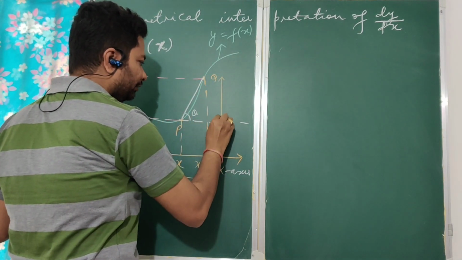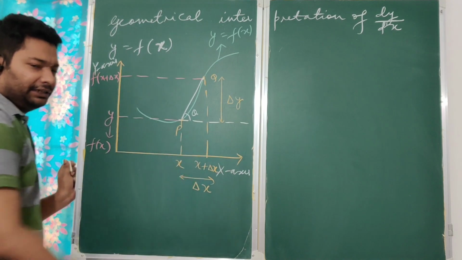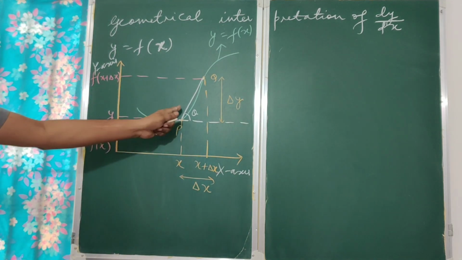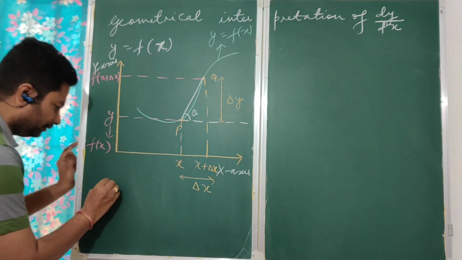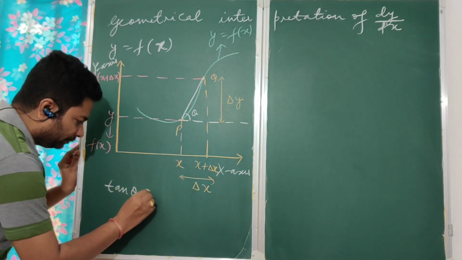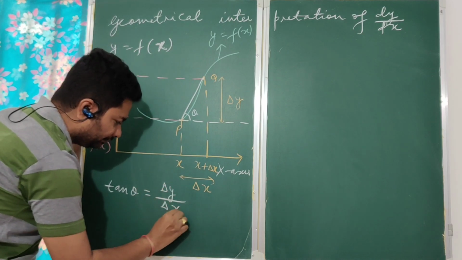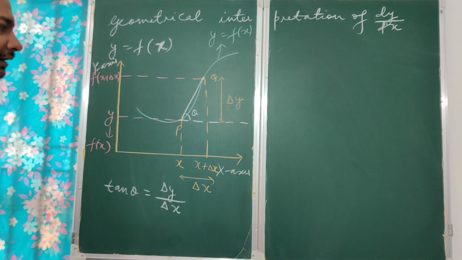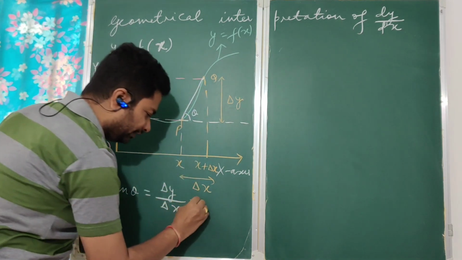This is your del y, and this we have already seen, it is del x. So what is tan theta for this triangle? Tan theta you can write as del y by del x. And tan theta is nothing but the slope of this secant.